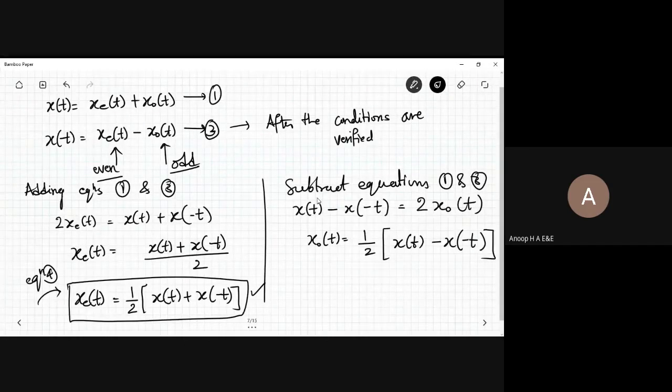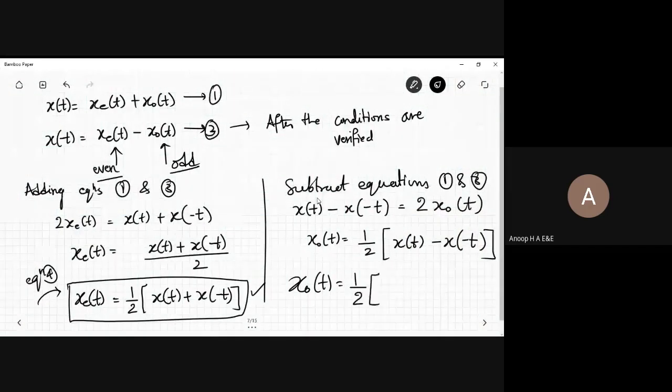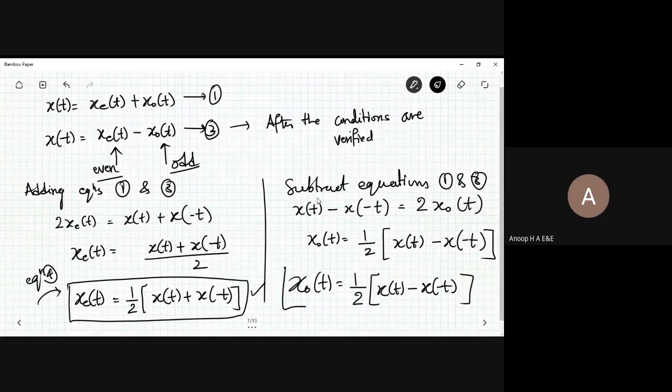Okay, so this is one thing that you need to be clear about. The odd component, x naught of t, is equal to half of x of t minus x of minus t. This is what you mean by the odd component of the signal x of t. Let me summarize here.